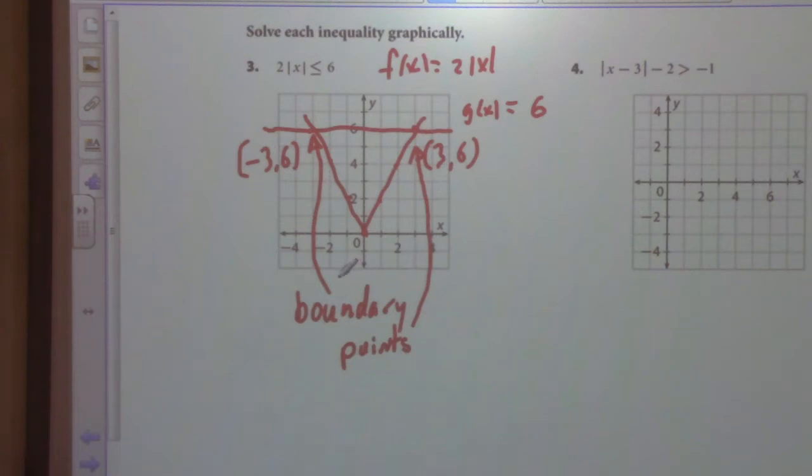Now, is this going to be more is or less is nest? Less is nest. So we can say the x values will nest in between x equals -3 and x equals 3. Is that right?